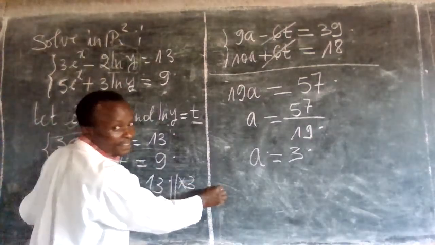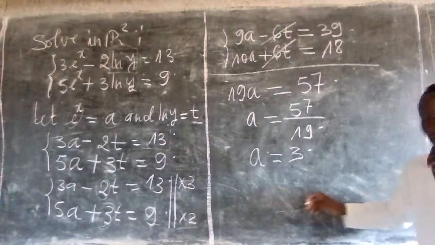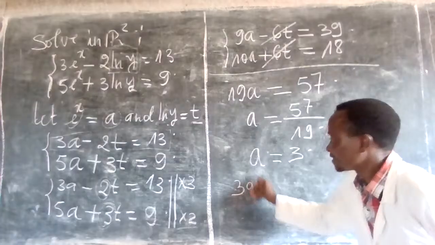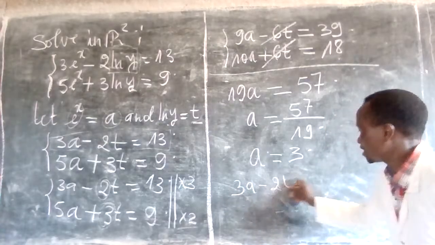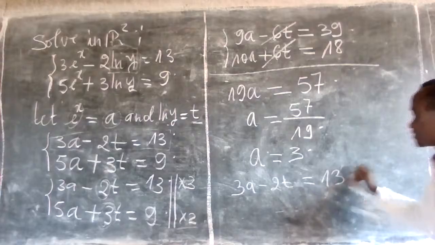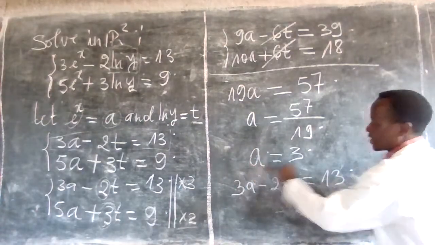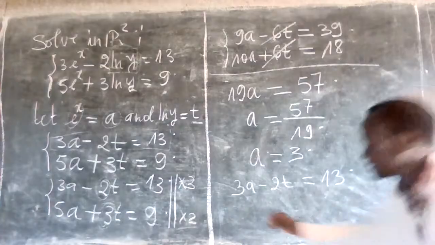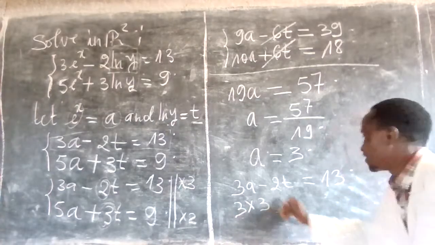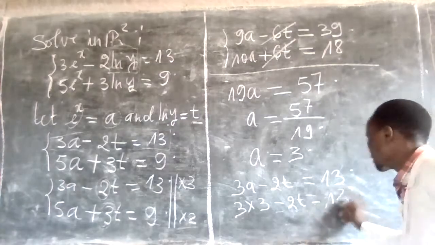Let us take here 3h minus 2t, which is equal to 13. Yes, now we are going to substitute this A by its value. It is 3 times 3 minus 2t, which is equal to 13.